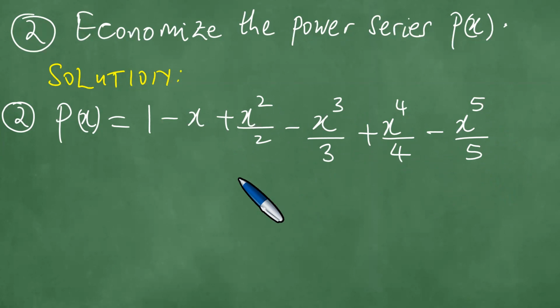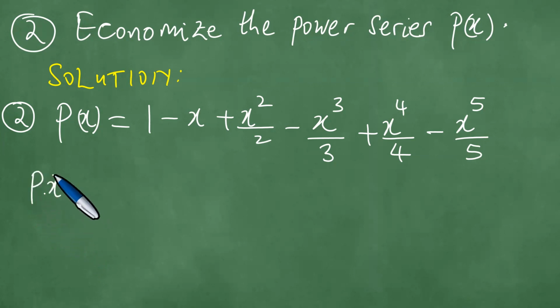Let's economize P. And here is the power series P of x, a truncated version, that is not up to infinity, an infinite number of terms. Right, to economize it, we need to be very, very careful, but also perform some algebraic manipulations.